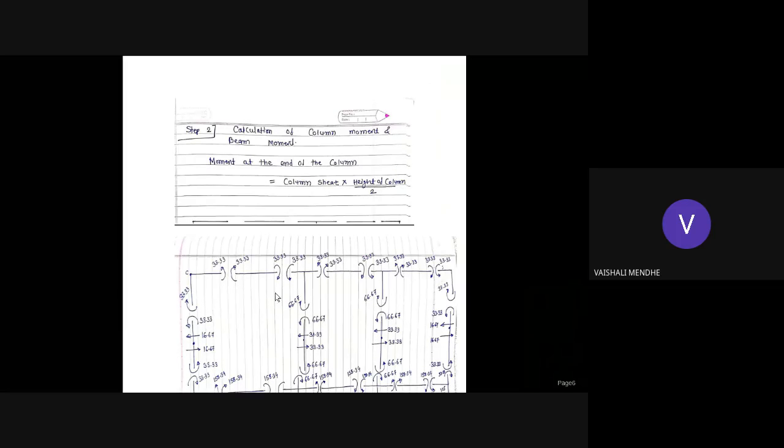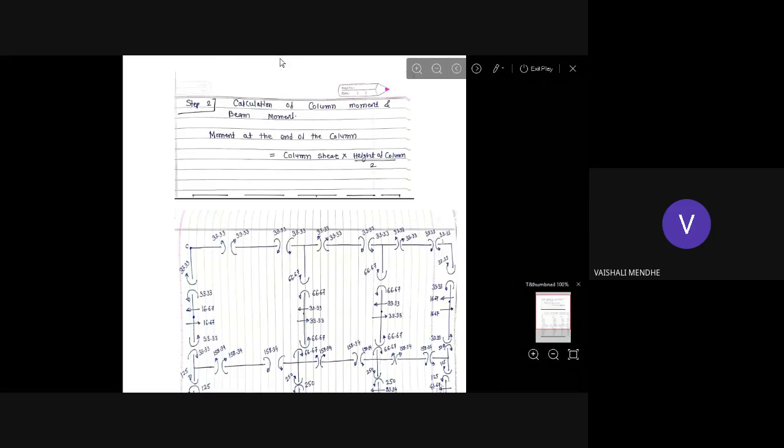Now, the second step is that after finding out the column shear, follow the steps that I wrote down for you. Once you get the column shear, here column shear is over, then second we'll go for the column moment.